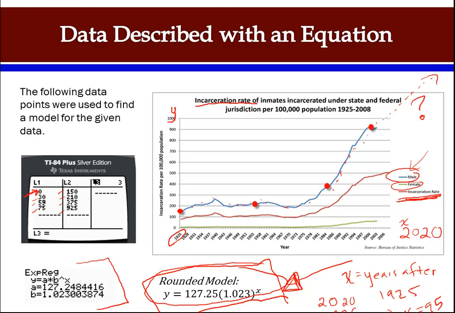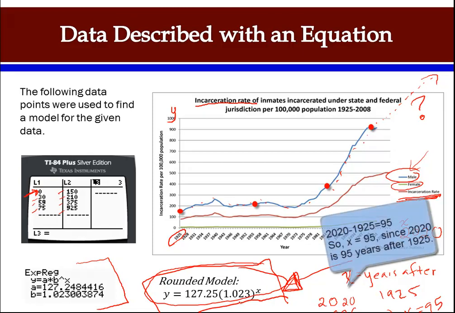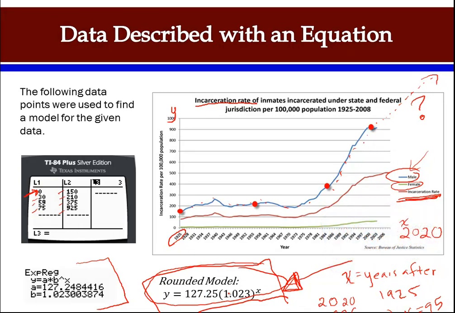I would put the 95 in my model here, raise 1.023 to the 95 power, multiply that times 127.25, and that would give me the predicted population those number of years out in the year 2020.